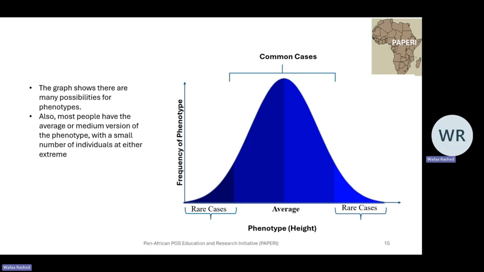So most people have the average or medium version of the phenotype, while a small number of individuals are at either extreme, less than 70 or more than 70 on both sides. This is the quantitative nature of polygenic traits.